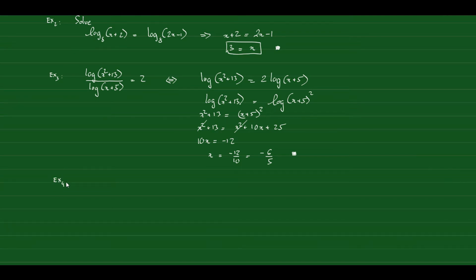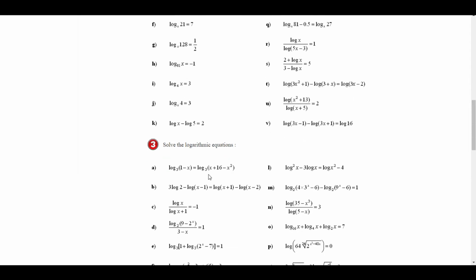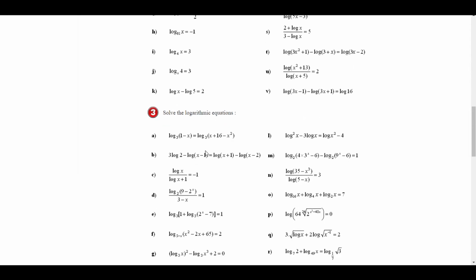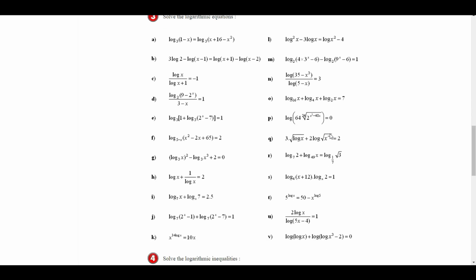Example 4. How about this one? Let's see if we can do something else. No, probably not this. How about this one? This is kind of an interesting one right here. That's easy, right? But this one you can set up equal to this, so I guess it should be the same. So I'm not going to solve it anymore.